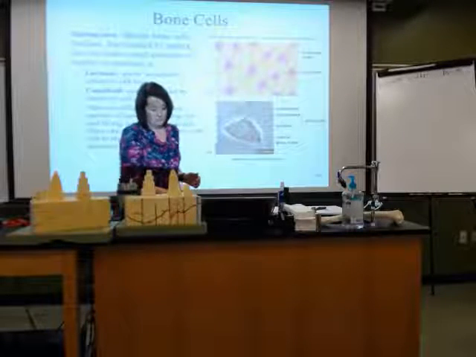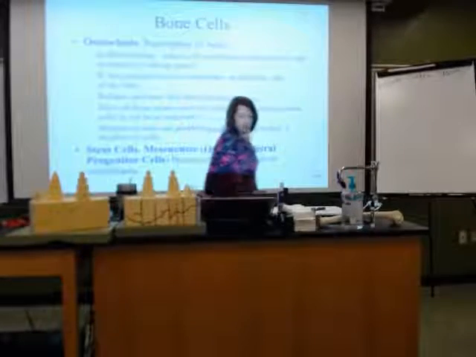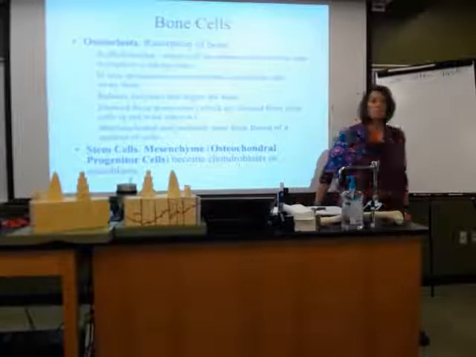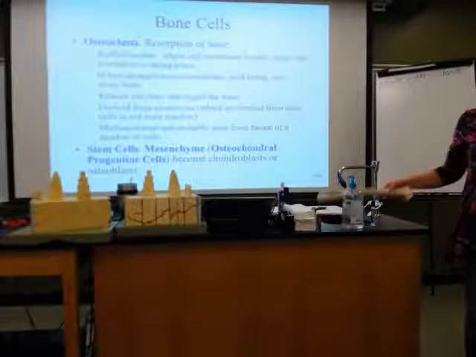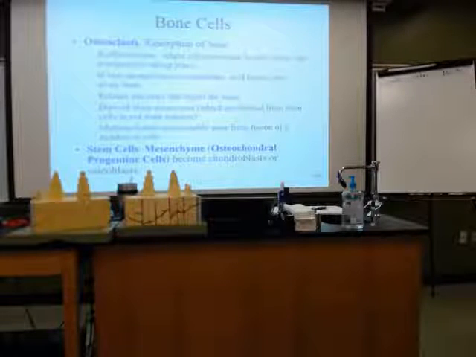Why? Because, first of all, depending upon the bone that we're looking at, okay, we have the spongy bone to the inside. We've got the compact bone to the outside.